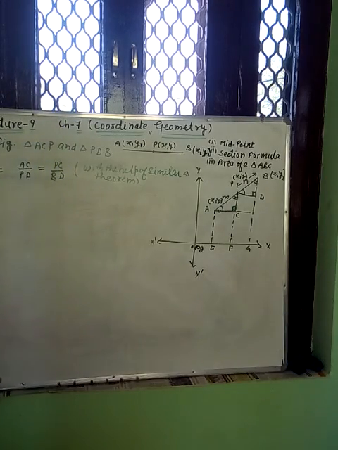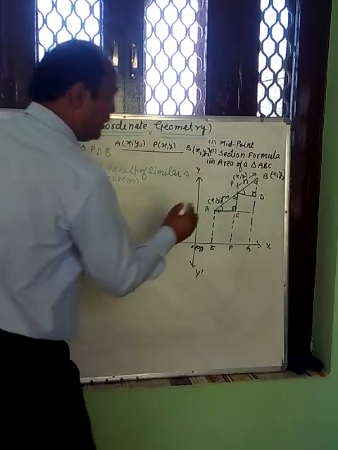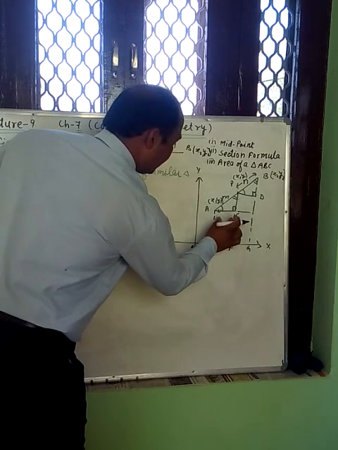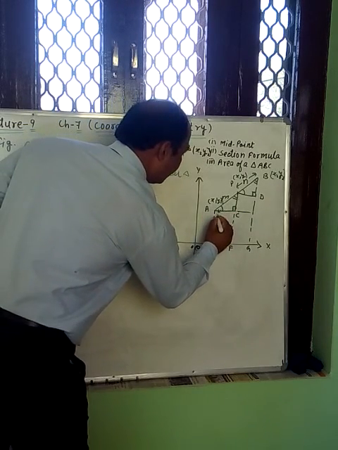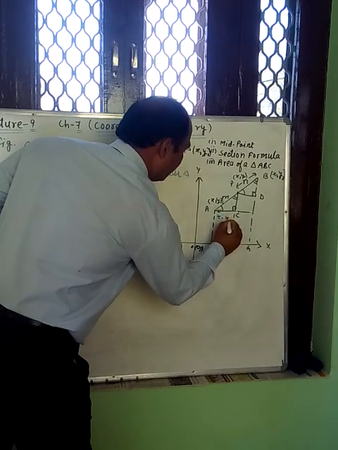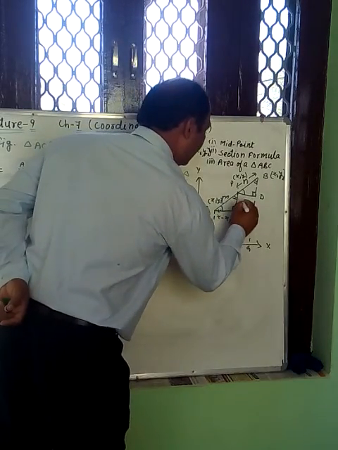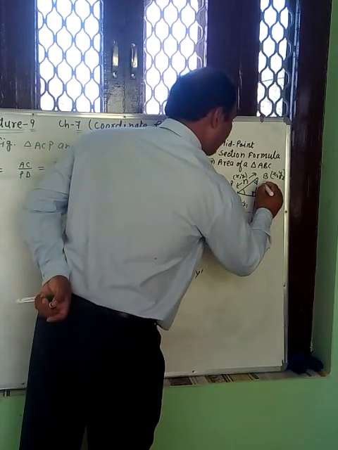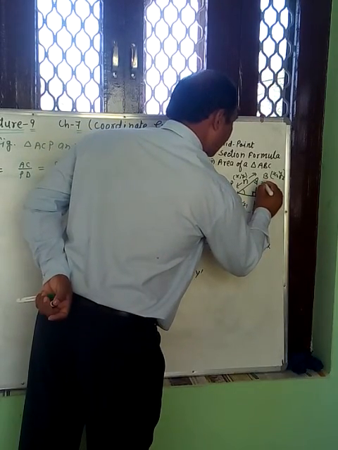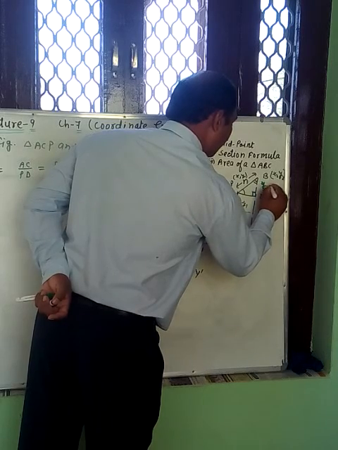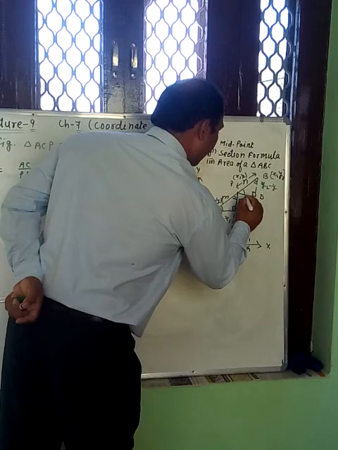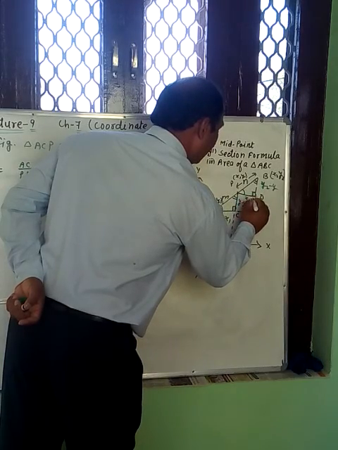With the help of the similar triangle theorem, and the distances we know, this is x minus x1, this is y minus y1, this is y2 minus y, and this is x2 minus x.